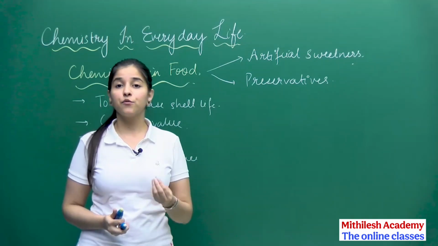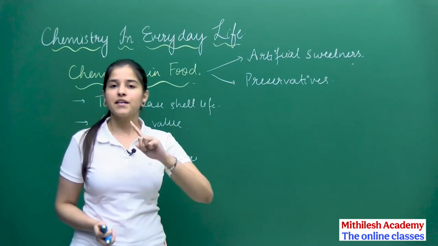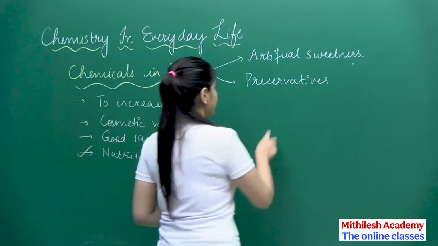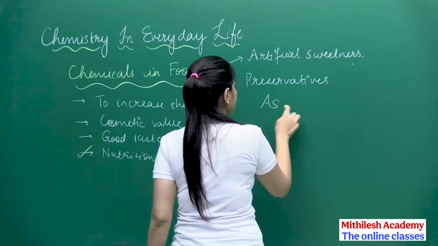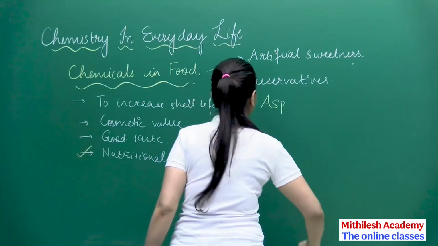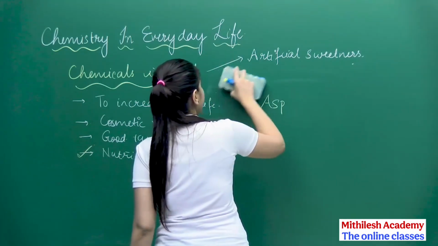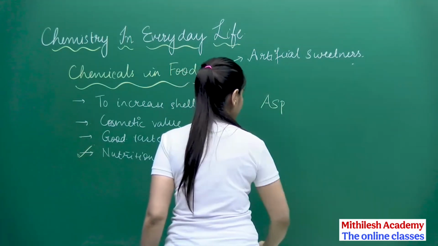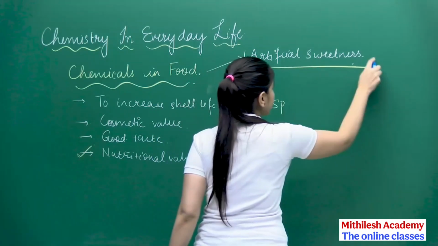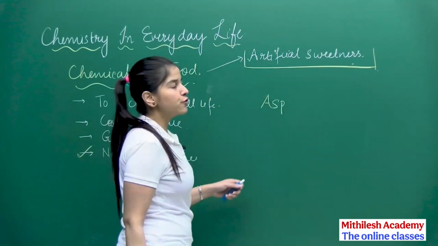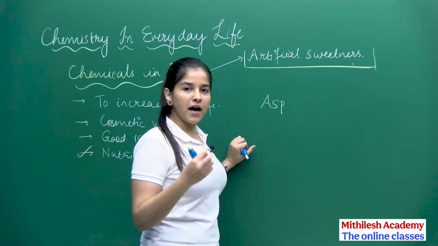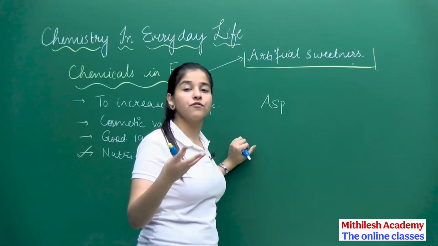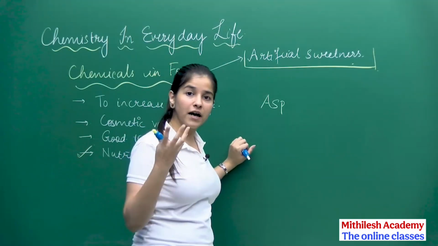Under this category, we started off with, number one, aspartame. I hope you all have revised aspartame here. We are on to the artificial sweeteners. Why is there a need for artificial sweeteners in our food? Some sweeteners, that means sucrose or fructose, have high calories.